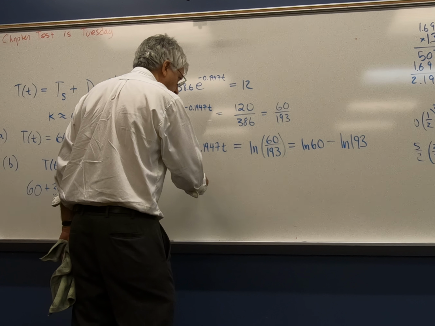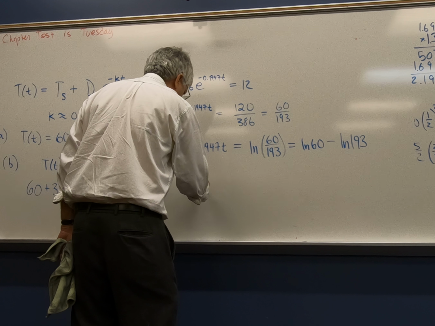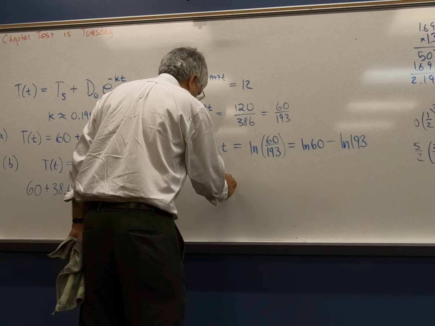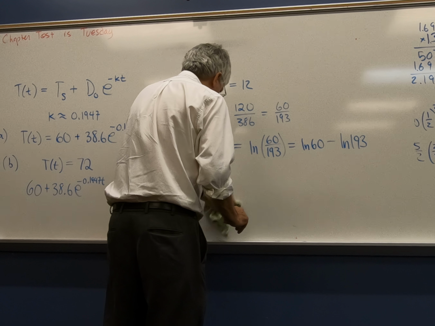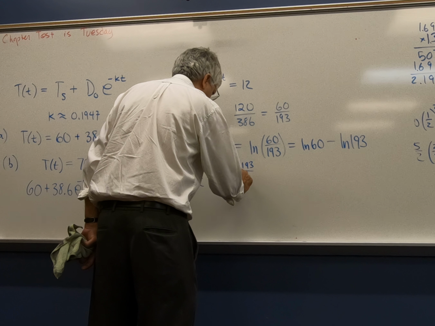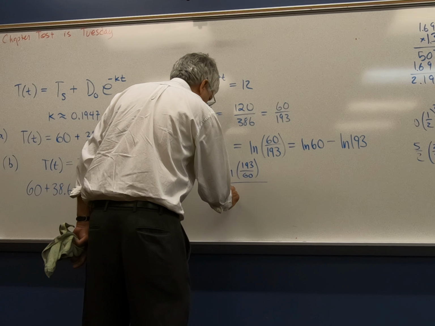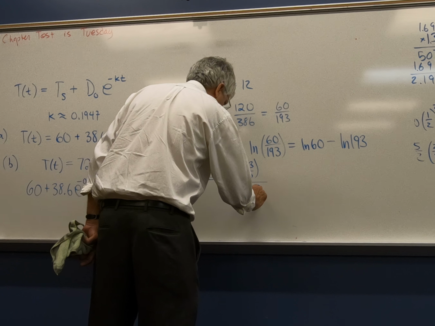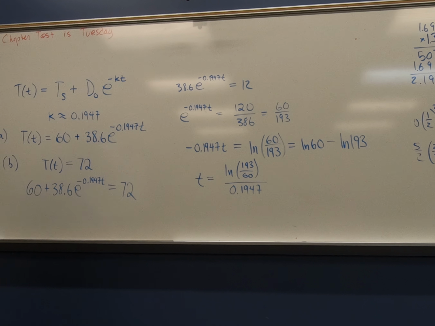And so what I'm going to do is say t is equal to the natural log of 193 divided by 60, over 0.1947. Is that true? Again, I did 2 things at once.